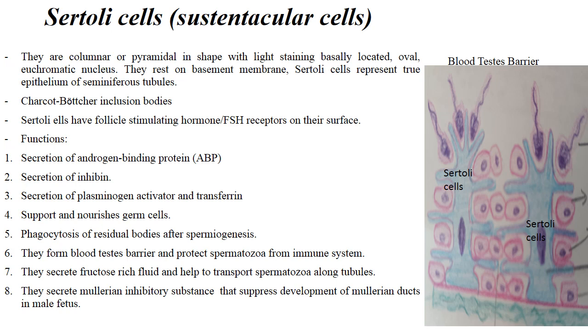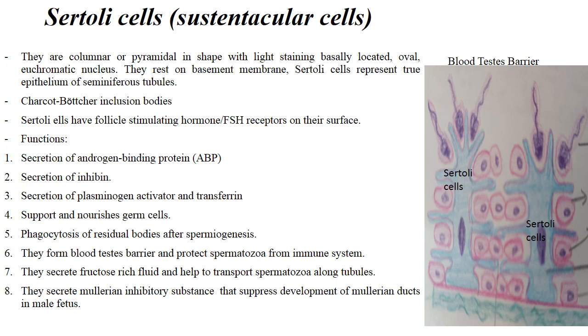Then Sertoli cells secrete plasminogen activators and transferrin. These are iron transporting proteins, and the main function of Sertoli cells is to support and nourish the spermatocytes, or to nourish the germ cells. And again, phagocytosis of residual bodies after spermiogenesis, and they form the blood-testis barrier and protect spermatozoa from the immune system.